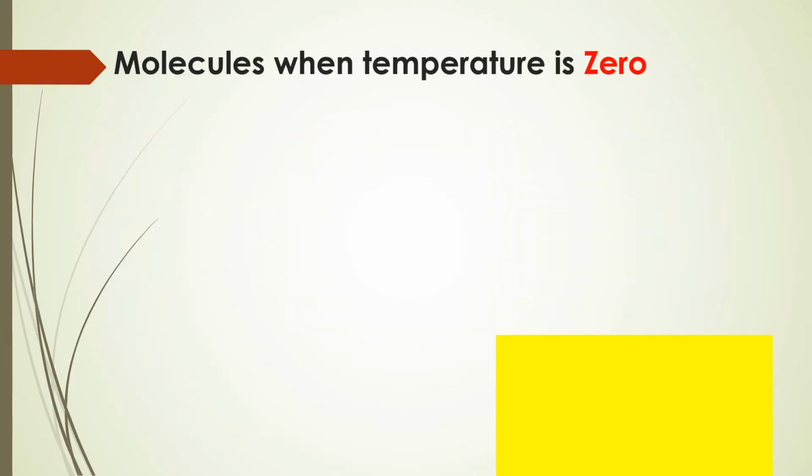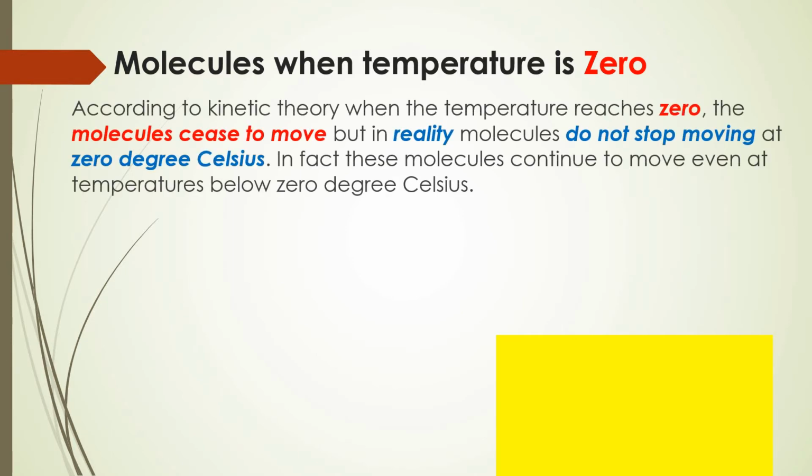Now let us see what happens to the particles of gases when the temperature reaches 0 degrees Celsius. According to kinetic theory, when the temperature reaches 0 degrees Celsius, the molecules cease to move. They do not move. This is according to kinetic theory.